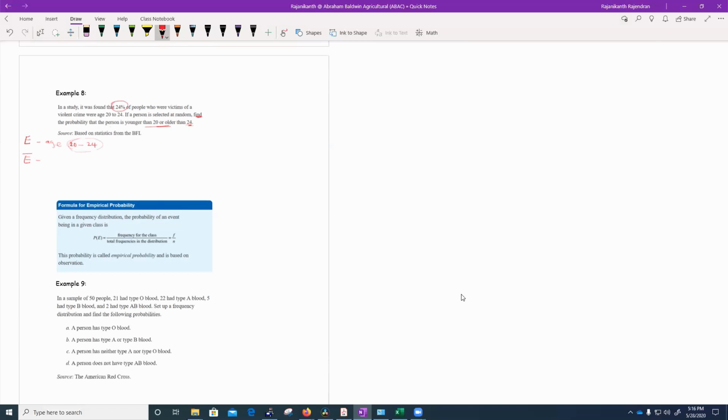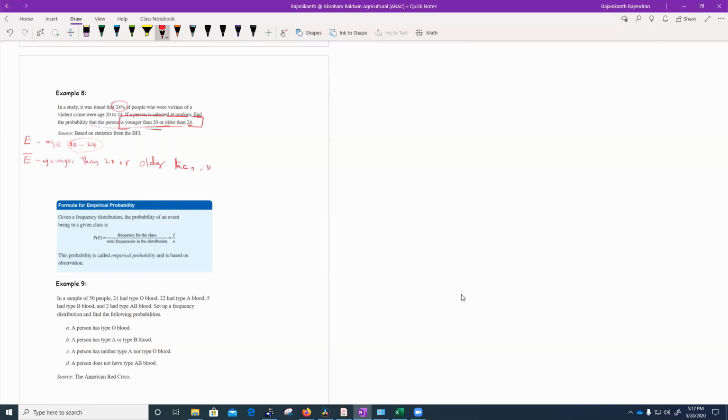That means basically it should be younger than 20 or older than 24, right? So basically they are asking us to find the probability of event E bar.